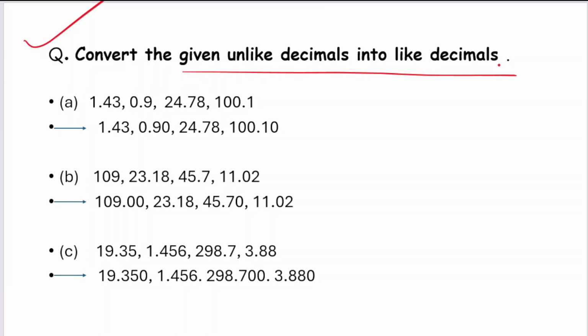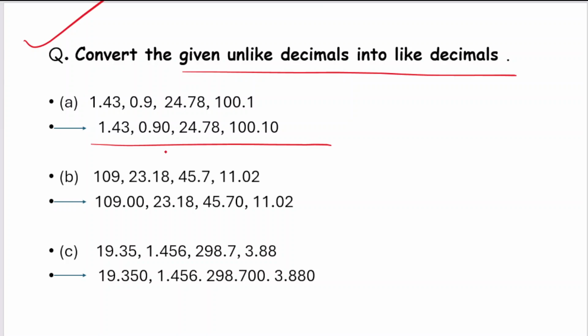The third one has 2 again, 7, 8. And the fourth one is again 1 decimal place, which is number 1. So maximum how many decimal places are there? 2. So while converting, we have to keep in mind I can go up to 2 decimal places. So I have now made like decimals.